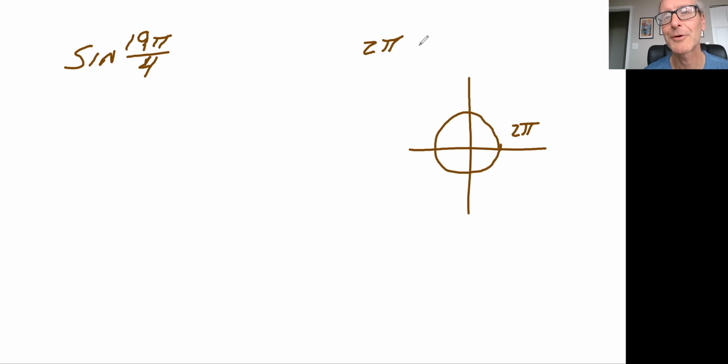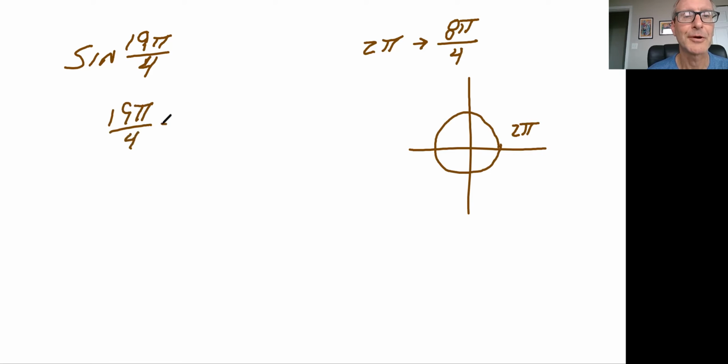Well, if we're looking for a common denominator, it would be 4, right? So 2 pi is the same as 8 pi divided by 4. So you have 19 pi over 4, and you go around once, which is 8 pi over 4. What's left? Well, looks like 11 pi over 4, right?